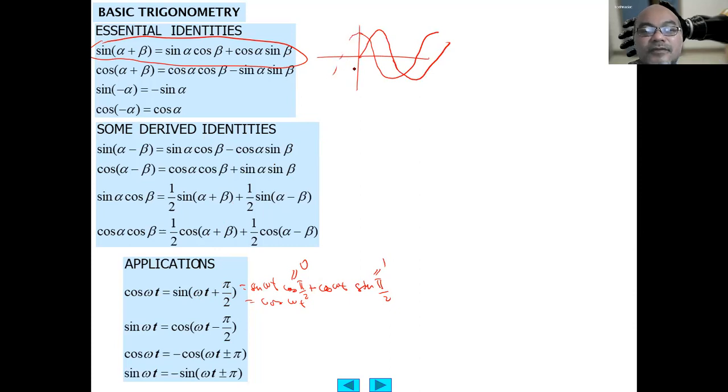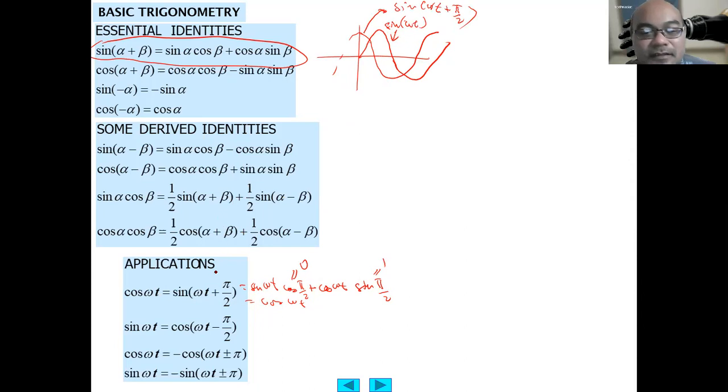So cosine omega t is a sine wave which leads the normal sine. This is sine omega t, and this wave is sine omega t plus pi over 2. So this wave is a wave that leads this wave by pi over 2. Please remember the definition of leads and lags.